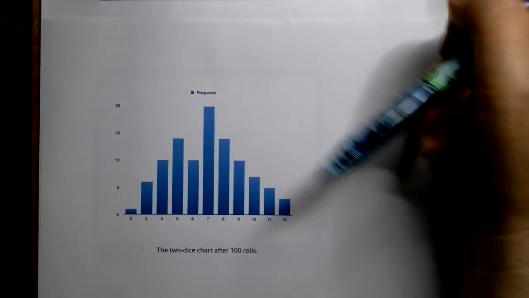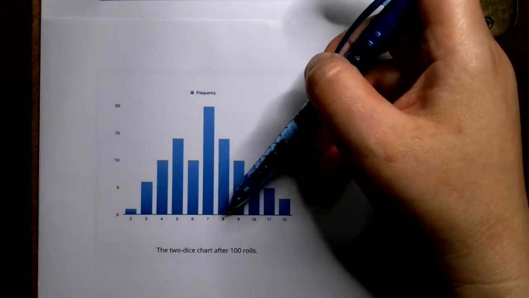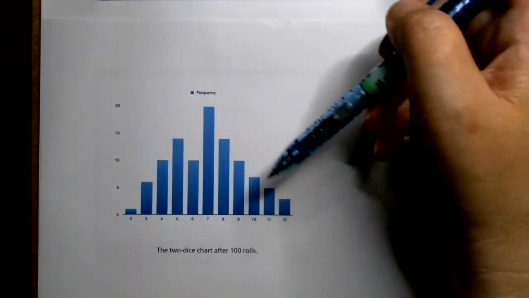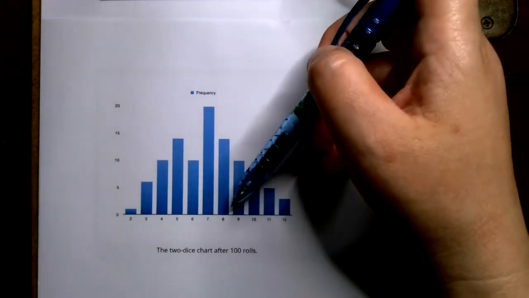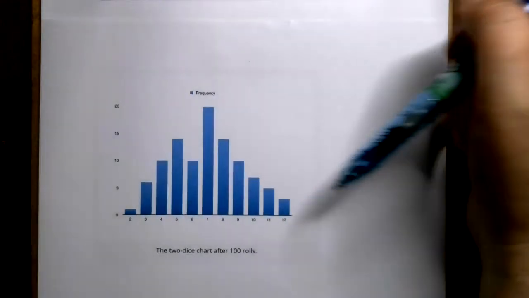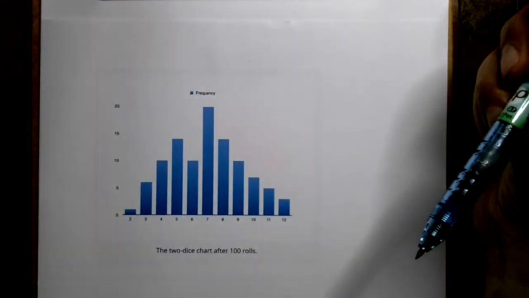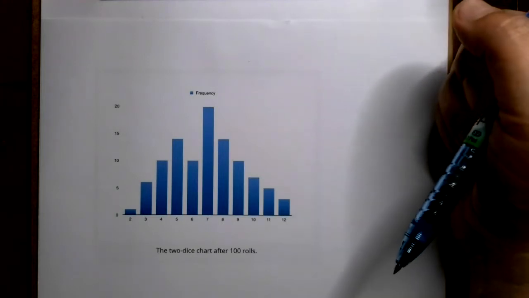Okay, also the question is, how spread is our data? Did we always roll only 7s, 6s, 8s, 5s, and 9s, or did other numbers happen? If they happen, are they unusual or are they usual?